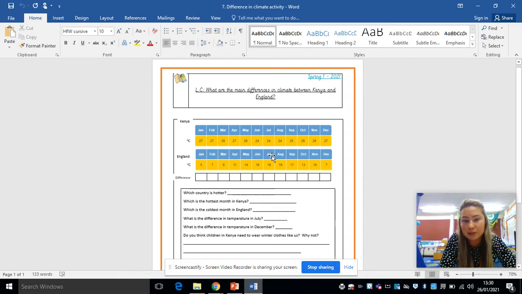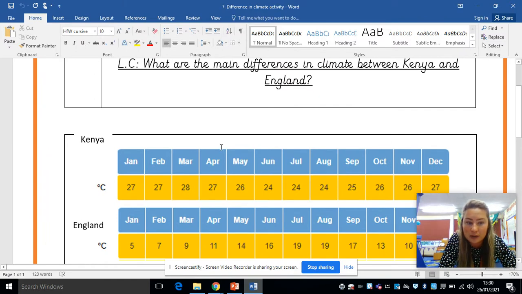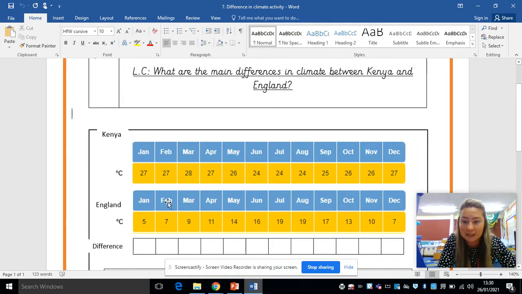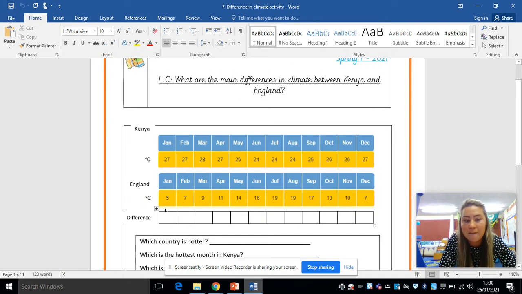So I'd like you to think back to our knowledge on that and have a look at what we've got here on the screen. Now, we've got the temperature in different months in England and Kenya. So we're going to be combining our maths skills here and our geography skills, okay? And we're going to figure out the difference between the temperatures.